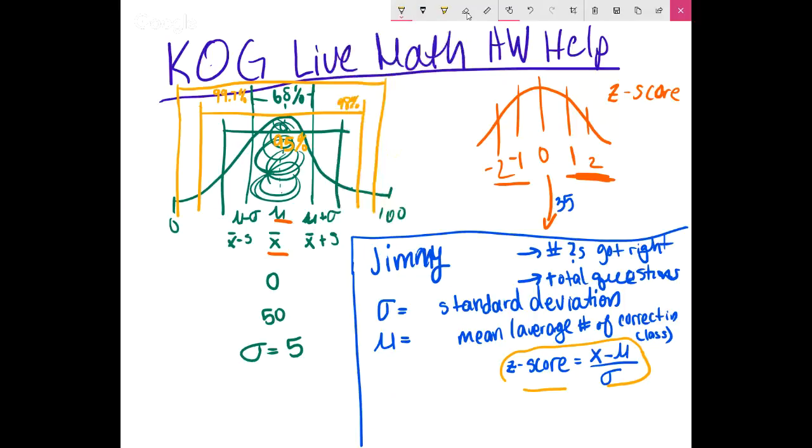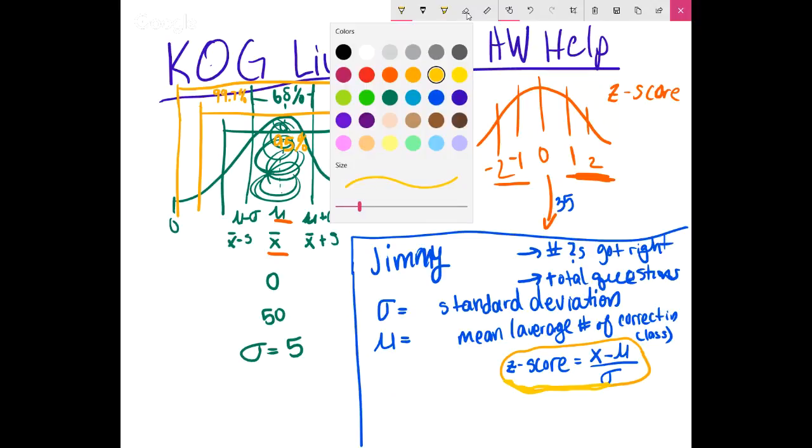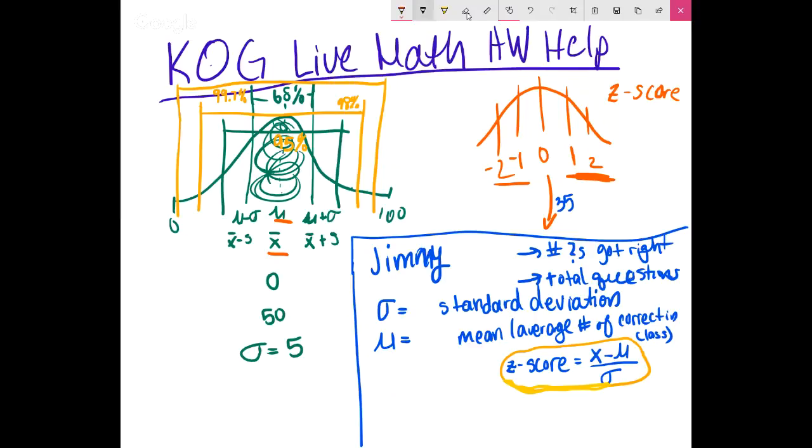Kristen took a test too. I thought I was grabbing the same color, but I didn't. I'm going to get a different color, this red. Oh yeah, and we're not talking about Jimmy. We're talking about Kristen.